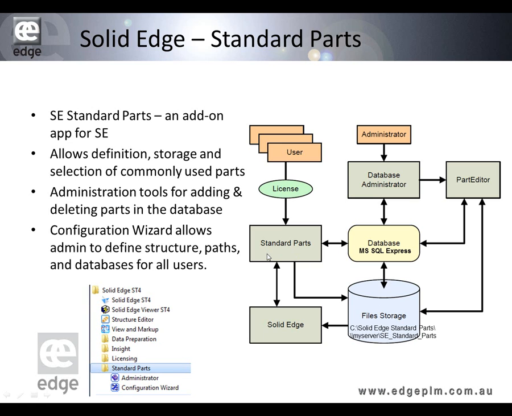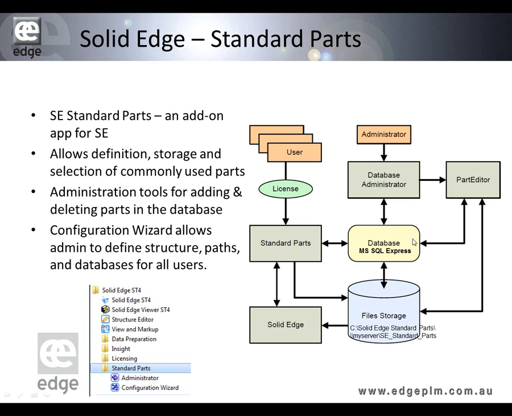I'll talk about how that works in a moment. Then we've got the database administrator function, which is only used occasionally to configure. You might use it for things like adding your own parts into this database. This session doesn't cover how to do that, but I'll point you at the tools that allow you to do it, like Part Editor.